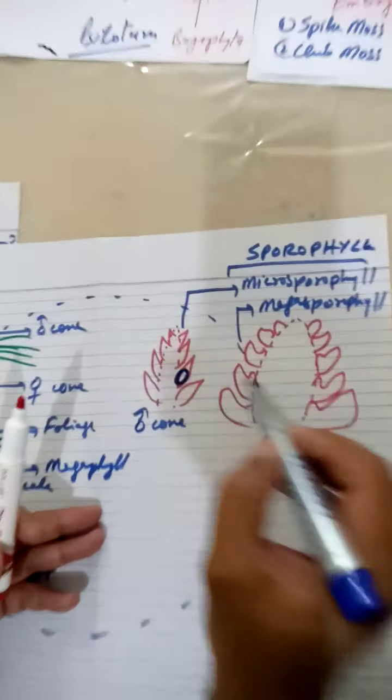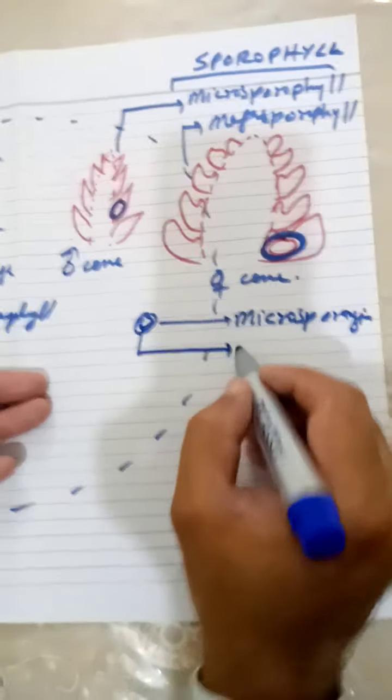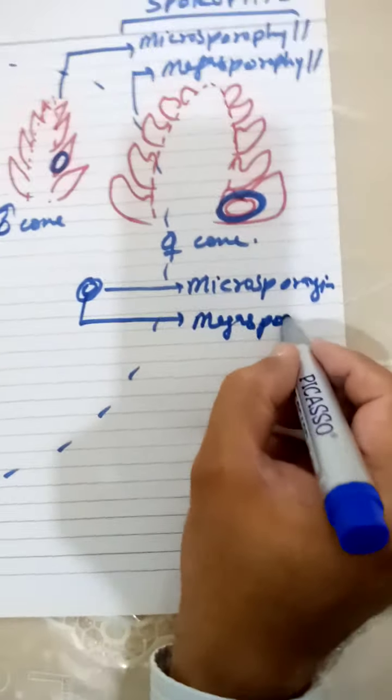Once again, here is a microsporangium in case of male. It produces microsporocytes, the mother cells, which produce microspores by means of meiosis.